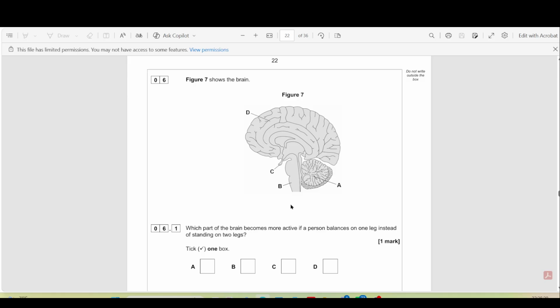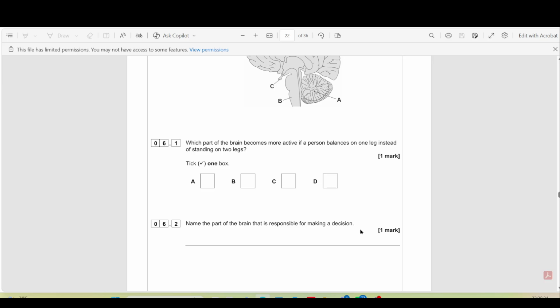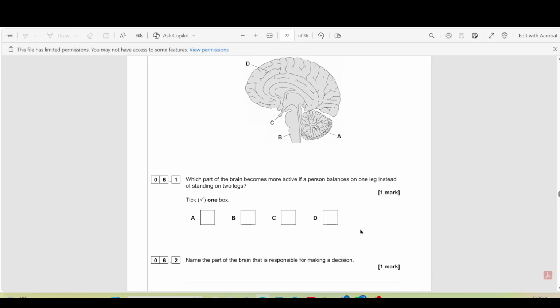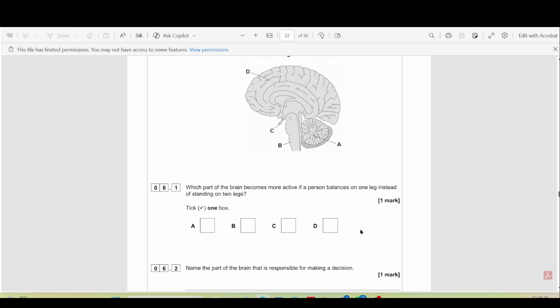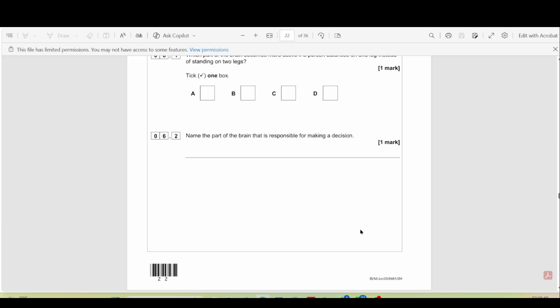B is the medulla oblongata, C is the pituitary gland, and D is the cerebrum. So the answer is A. Name the part of the brain responsible for making a decision. Yes, it is D, the cerebrum.